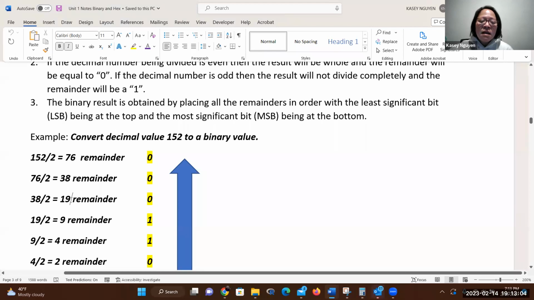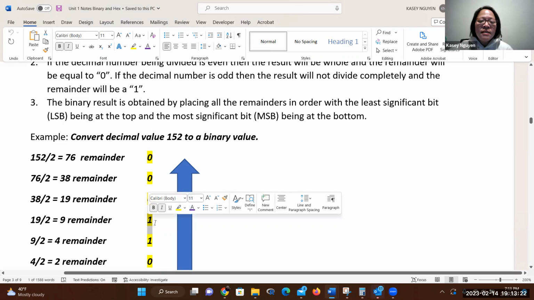Now 19 is an odd number. So 19 divided by 2 again, I know that 2 times 9 is 18 with one remainder. So I have 9 as a result and one remainder. As you have a remainder, you put a 1, that bit is on.